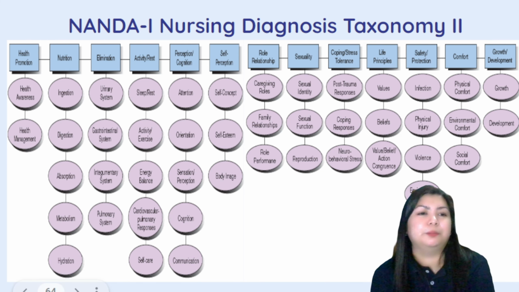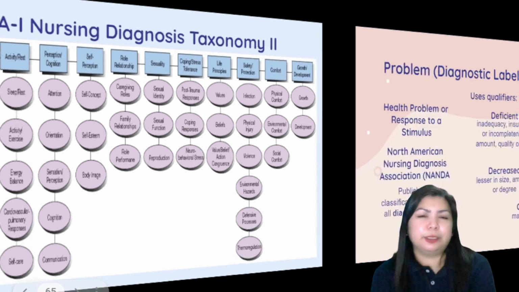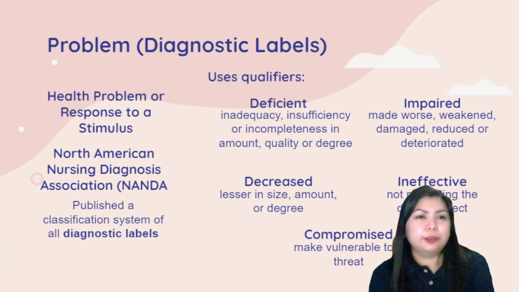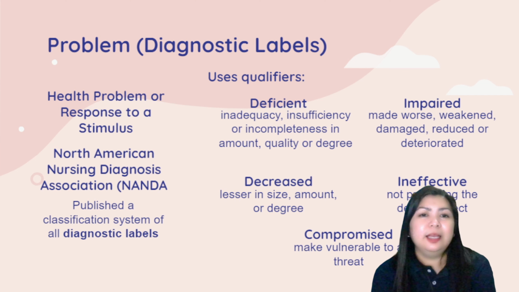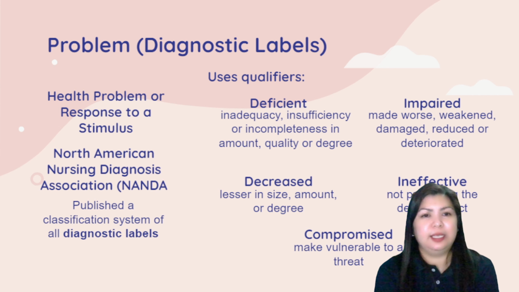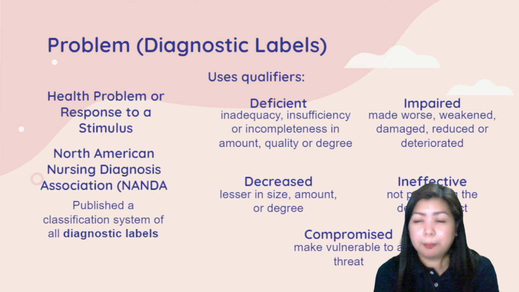Okay, now, after we were able to describe what a diagnostic label is, no? This diagnostic label, if you would notice on the listing on the back of your nurse's pocket guide, there are qualifiers that were added to each NANDA nursing diagnosis that give additional description of the client's problem.